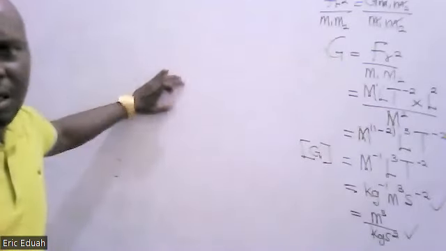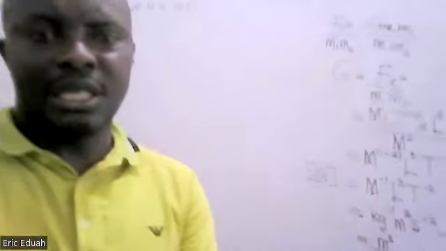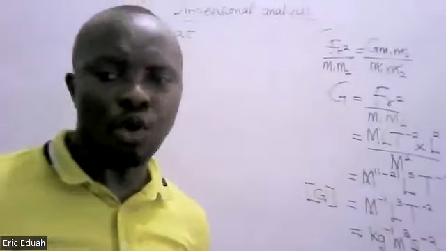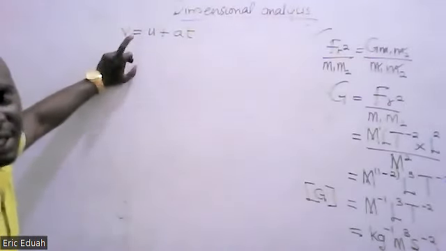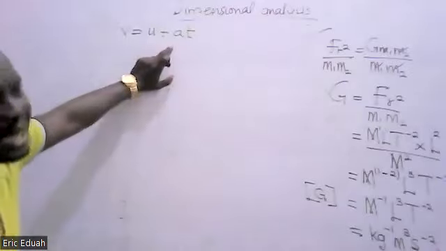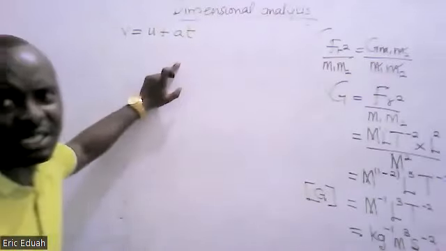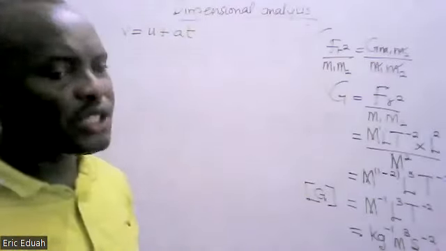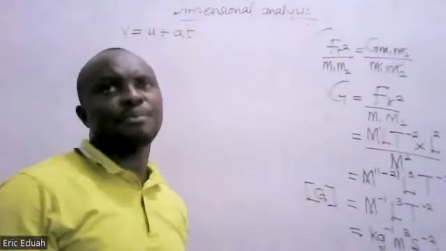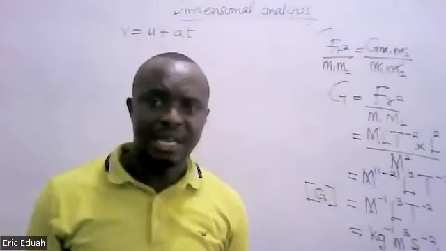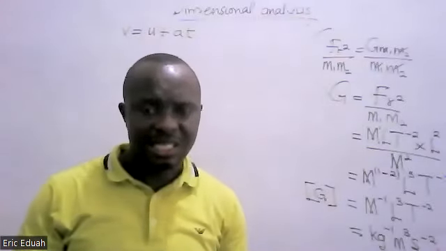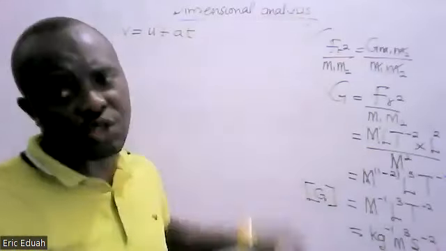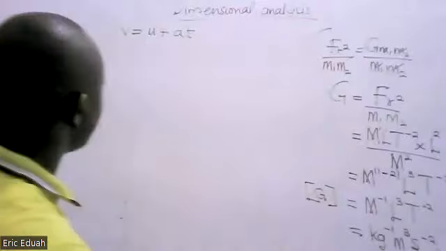This is one of the equations of motion, where V is final velocity, U is initial velocity, A is acceleration, and T is time. Let's use dimensional analysis to test whether this equation is correct or wrong.